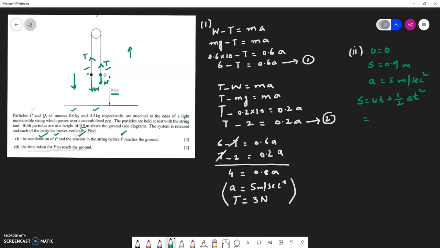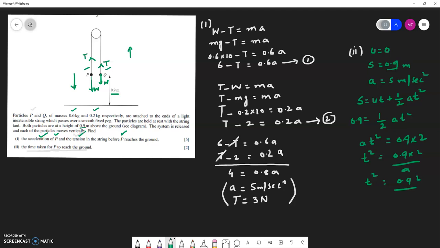So u is 0, and we are left with 1 over 2 at square. And we also put the value of s, which is 0.9. So you can write this as at square is equal to 0.9 into 2, or t square is equal to 0.9 into 2 divided by a.